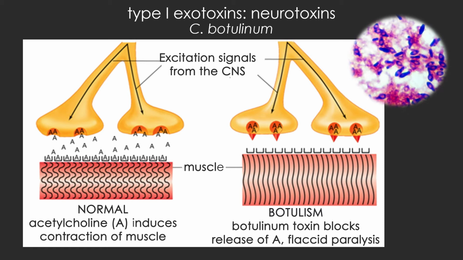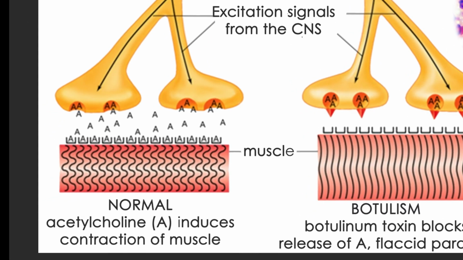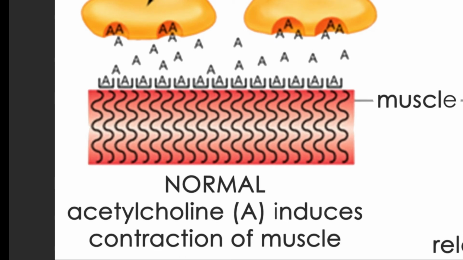It doesn't kill the neuron because it's just a cell surface active toxin, but what it does is it changes the way a neuron interacts with the muscle that it's innervating. So in a normal neuromuscular junction, you have neurons that carry with them impulses from the central nervous system, which are going to communicate to the muscle that the muscle should contract.